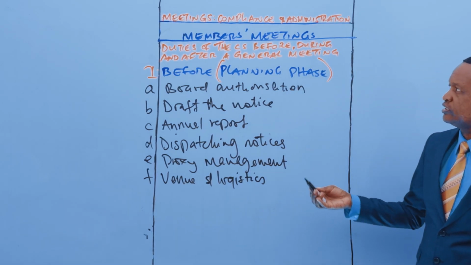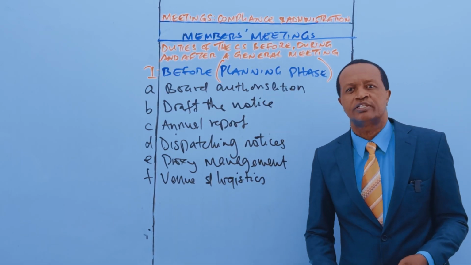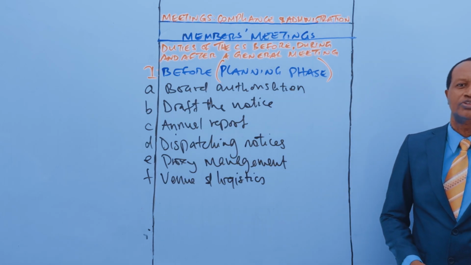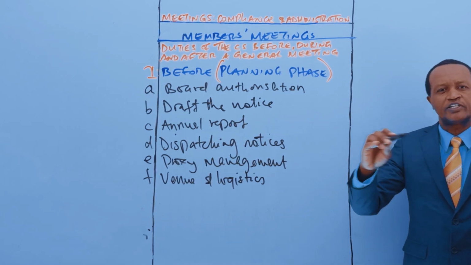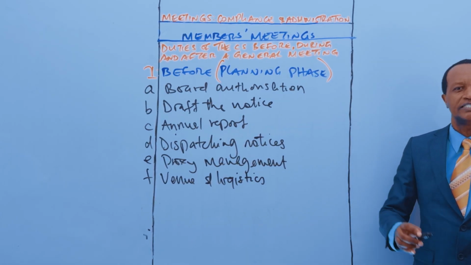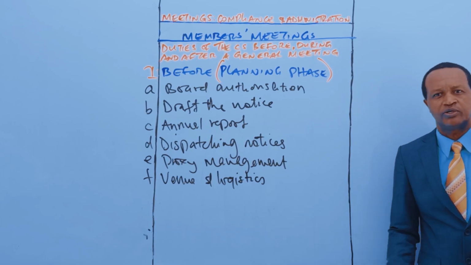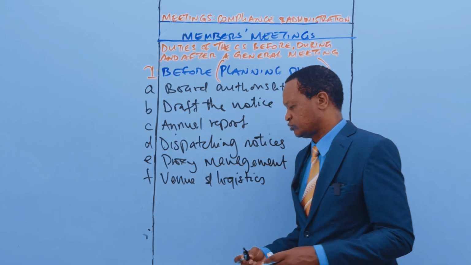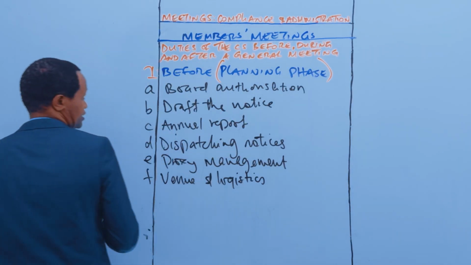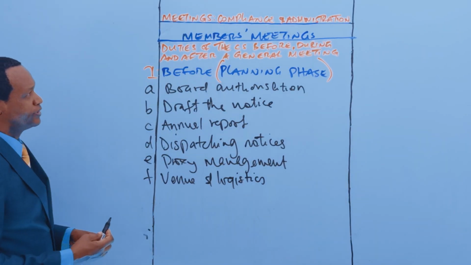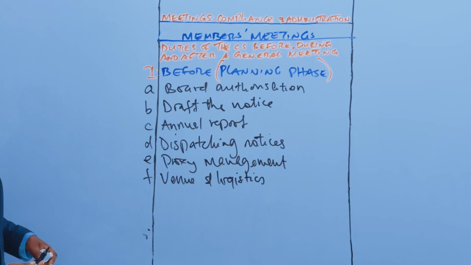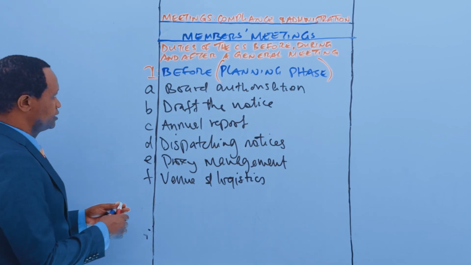It is the duty of the corporate secretary to ensure that there is a system for registration and a system for quorum count at the door. So these are six duties of the company secretary before a general meeting. That is number one.